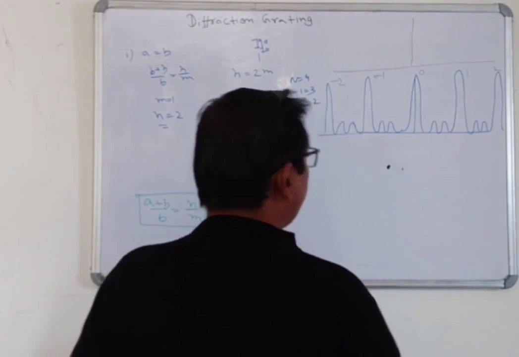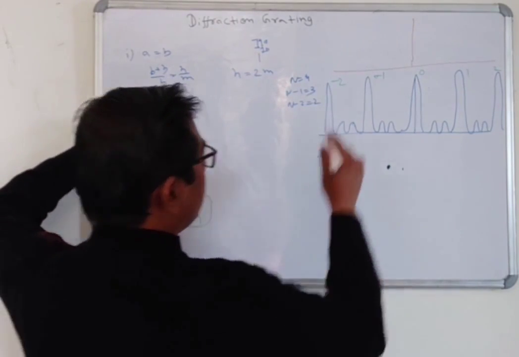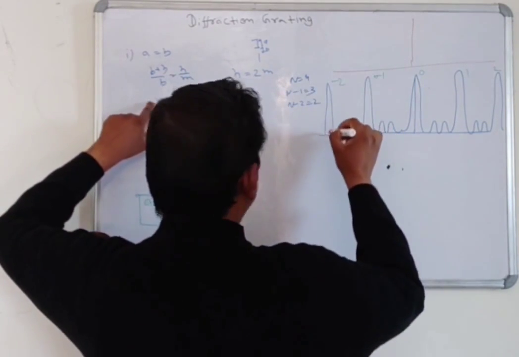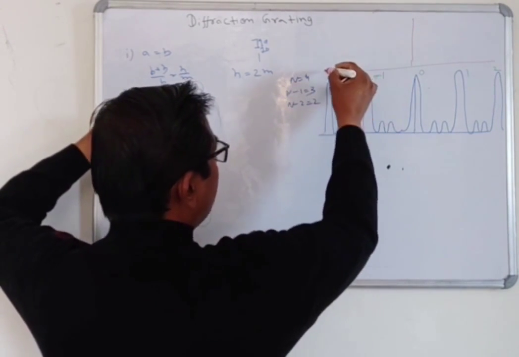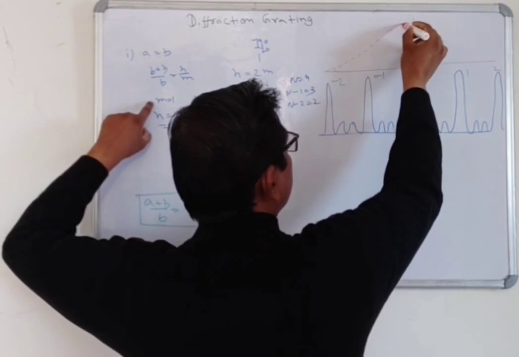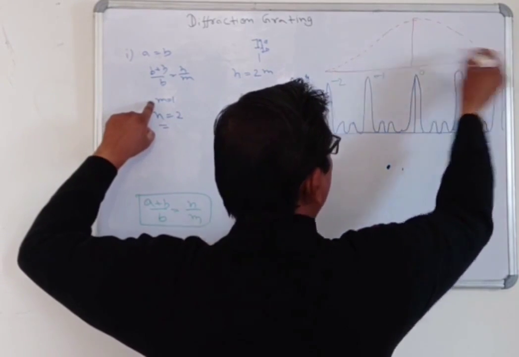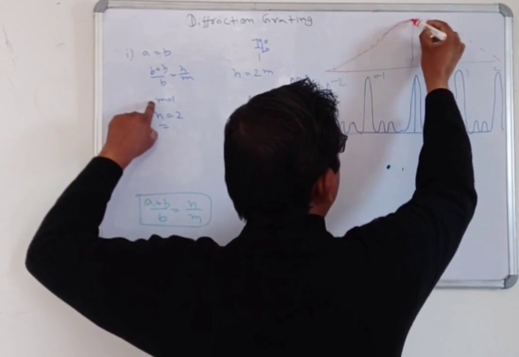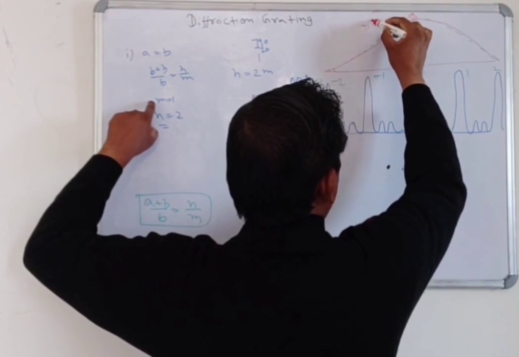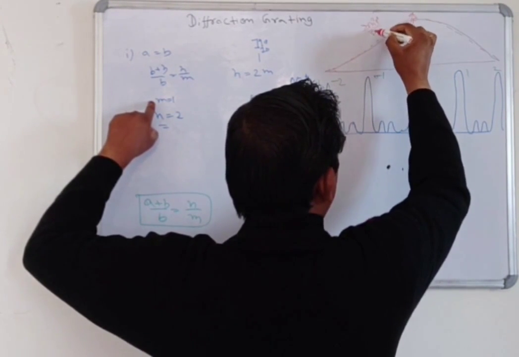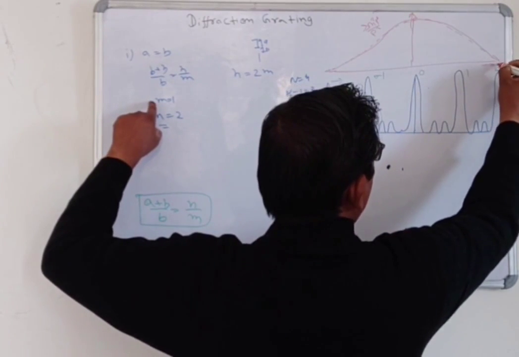This is the diffraction pattern, sine square beta upon beta square with respect to beta.